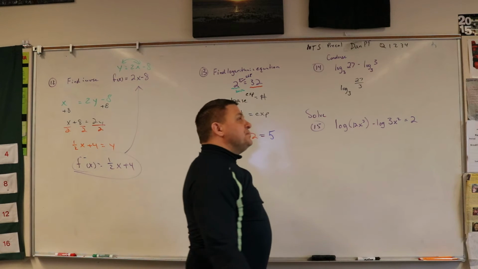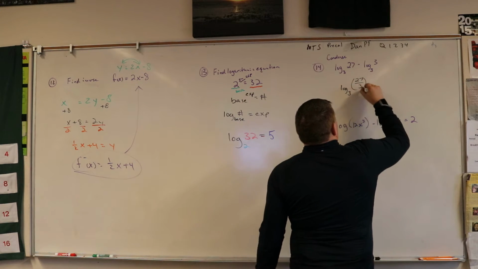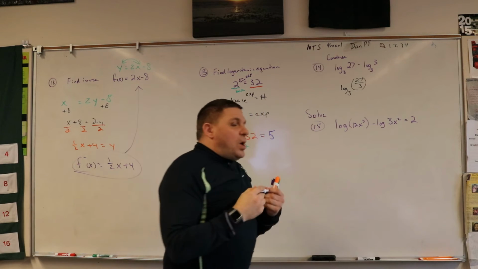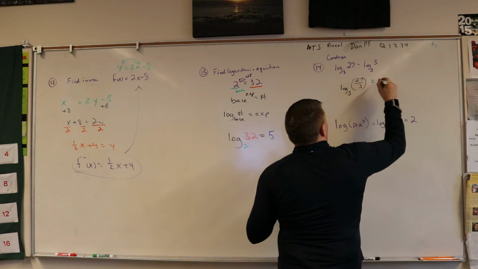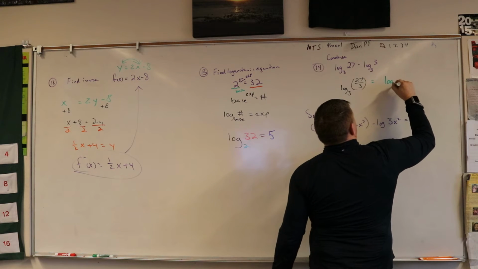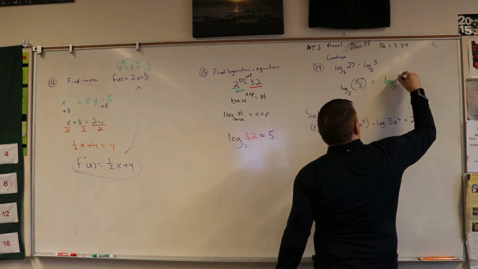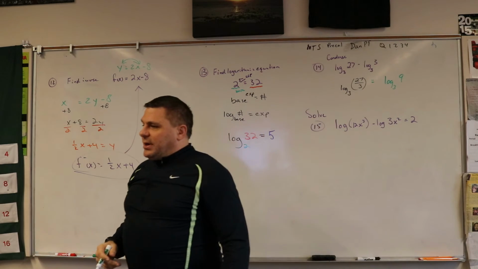Okay. So if I want, I could go further. 27 divided by 3 is equal to log base 3 of 9, right?